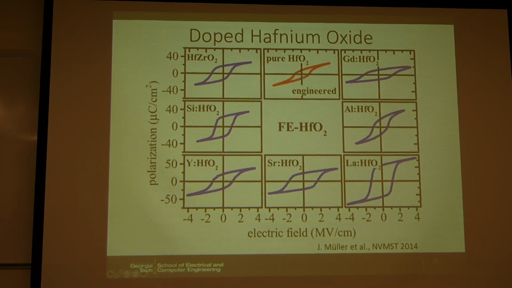Compared with PZT, the critical field EC value is about 10 times larger because we can make this hafnium oxide film about 10 nanometers thick, while PZT is roughly 100 nanometers thick. Also notice that the lanthanum doped one has the highest PR value, but this result could not be reproduced later.